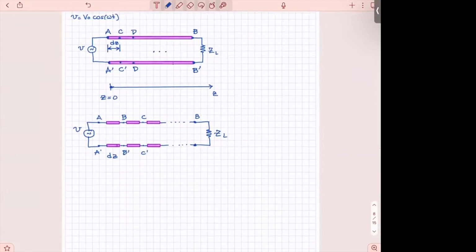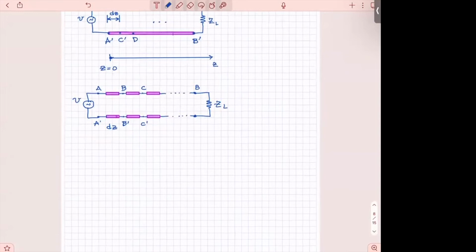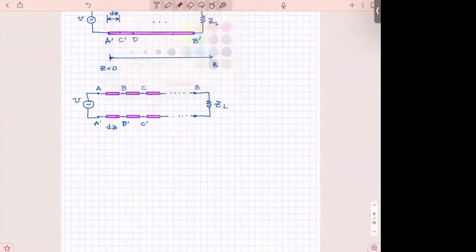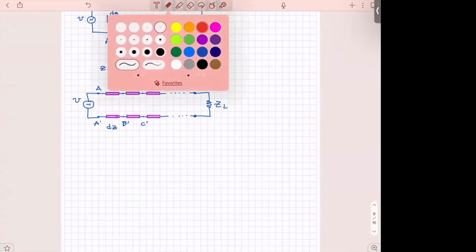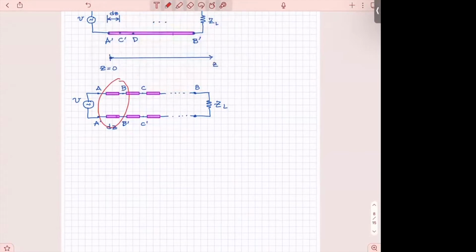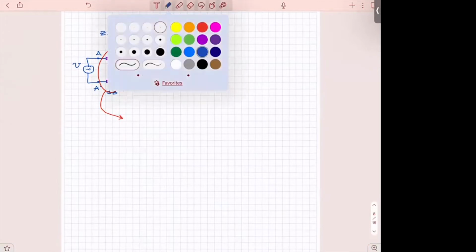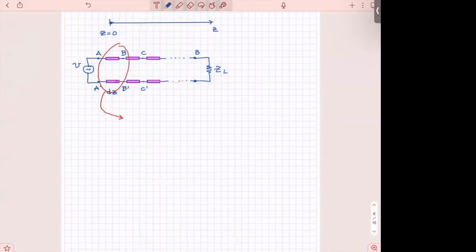Now, what I can do is take this one section, and since it has a capacitance per unit length and an inductance, I will replace it. I can write my AA prime in the following form.